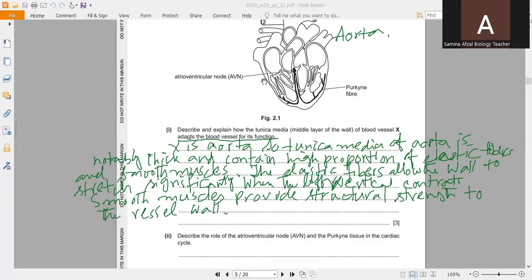So it prevents the artery from bursting.